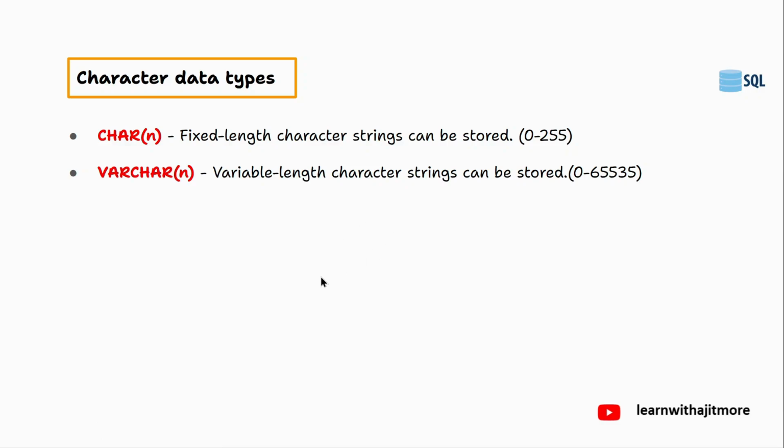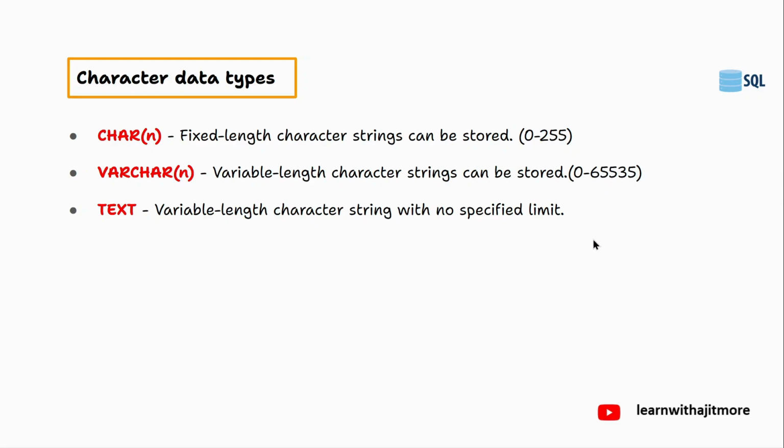Remaining places are padded with what? Not with spaces. And its max limit is 64K. This is 64K. Correct? And then text is variable length. This also has some limit, around 4 MB. So text is a variable length character string with no specified limit.